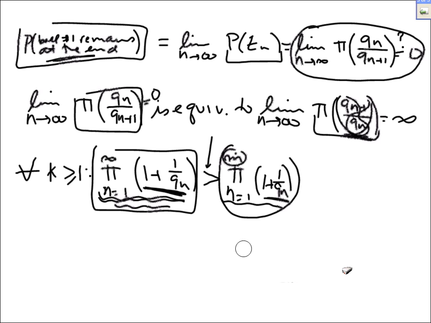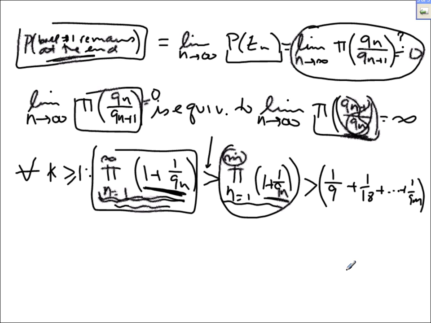Okay, let's erase this, and let's talk about what we can do from this. Now, it turns out that this is going to be bigger than 1 over 9 plus 1 over 18, all the way up to 1 over 9m. I want you to think about why that's true.